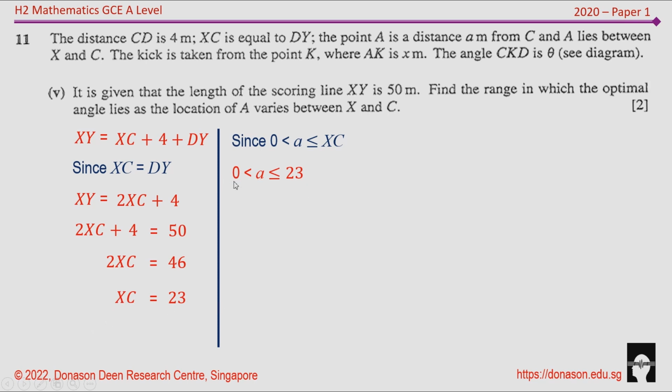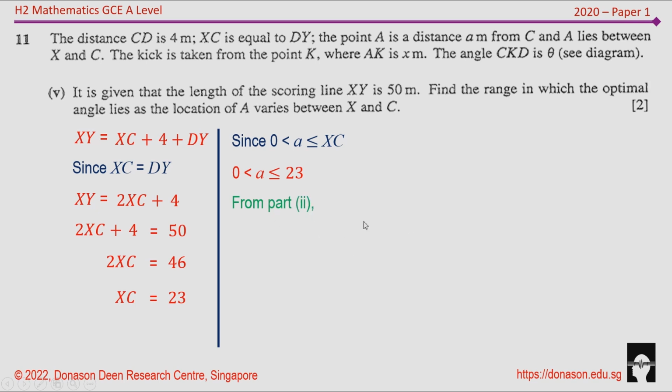A is between 0 to 23, but 23 is inclusive, 0 is not inclusive. So A must be greater than 0, but can be less than or equal to 23. Oh, sorry, this is not the optimal angle. This is the range of values of A.